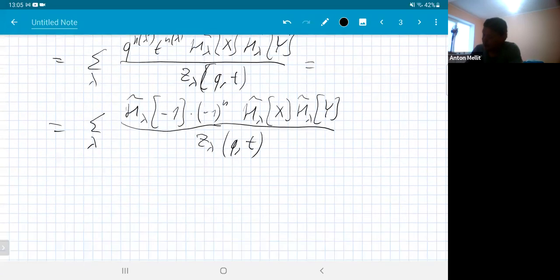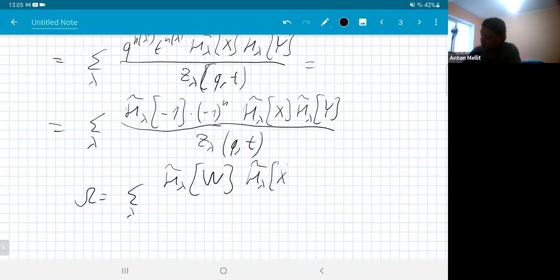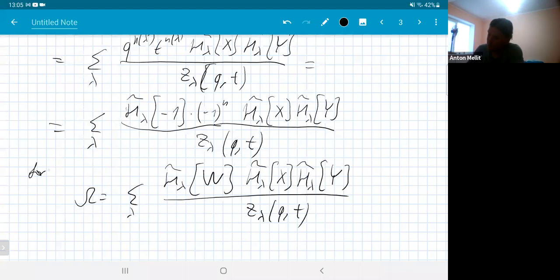So if you introduce a third set of variables, call it W, for instance, a formula for this would solve many problems.